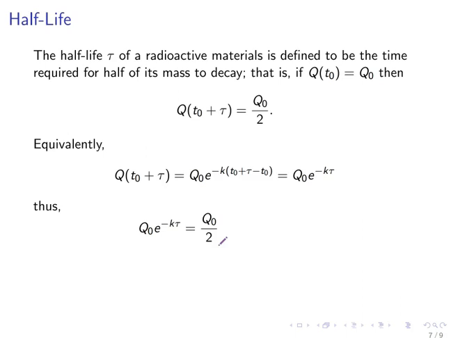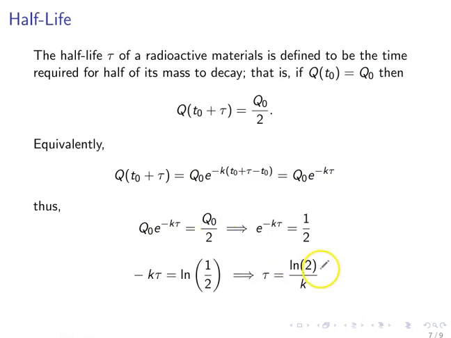And if we solve for tau, then we would find this so-called half-life. In this case, these calculations are not too difficult. Tau here will be equal to natural log of 2 divided by that constant k, right? So remember that constant k comes from how we were writing q prime equals minus k times q.